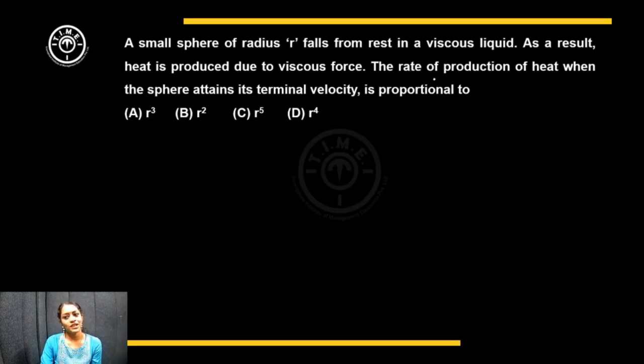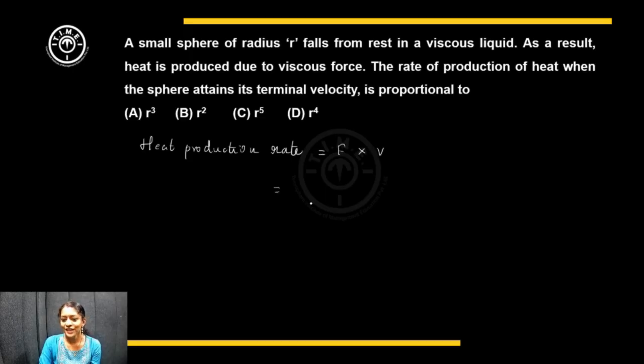So what do you mean by rate of production of heat? Heat produced in a unit time. That is nothing but power, isn't it? So we can use the equation of power itself. Heat production rate, that is nothing but force into velocity, isn't it? We have the equation for power as force into velocity.